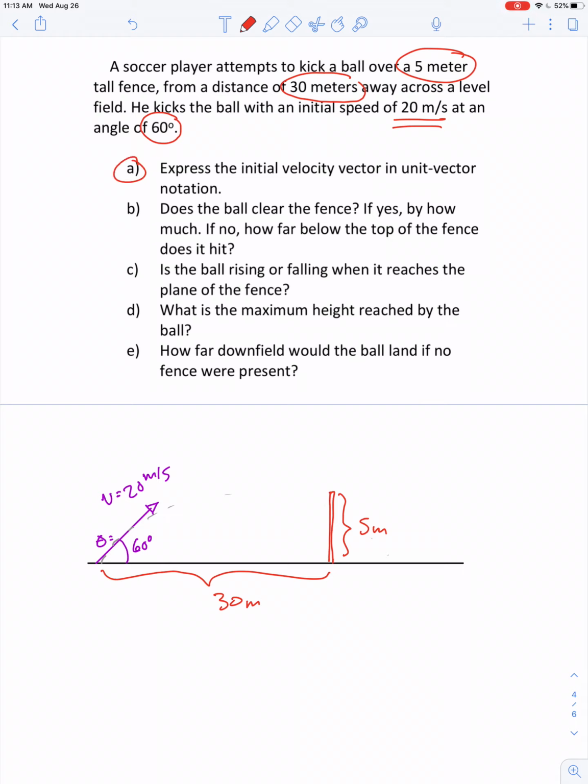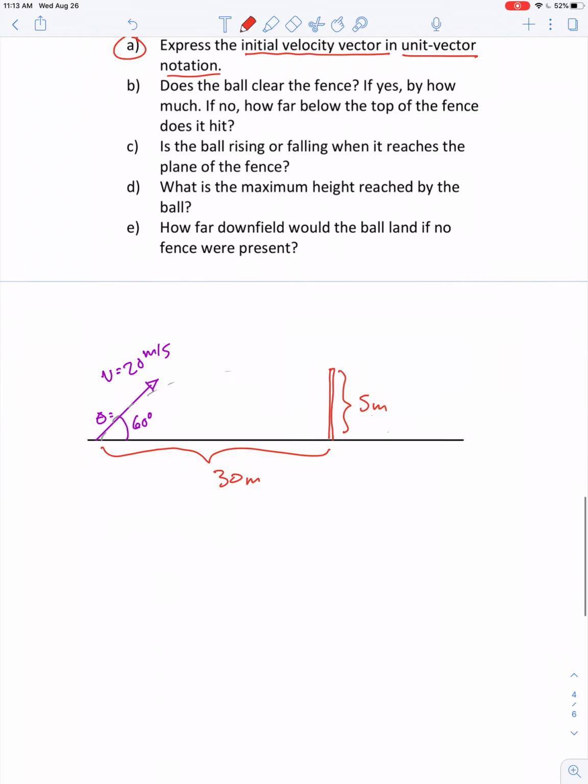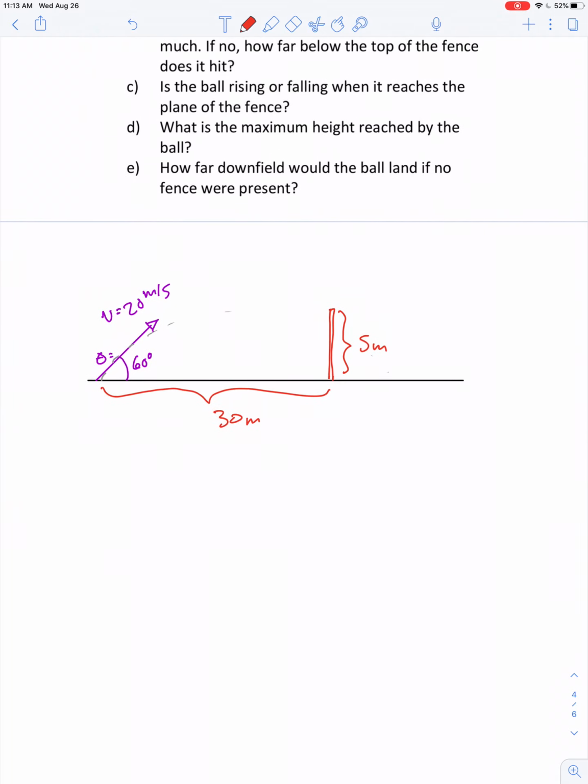Now, this first question, express the initial velocity vector in what's called unit vector notation. Okay, so there's another way of saying that you kick a ball 20 meters per second at an angle of 60 degrees. Okay, actually what I'm giving here is not just the speed, but the velocity, because I'm giving magnitude and direction.